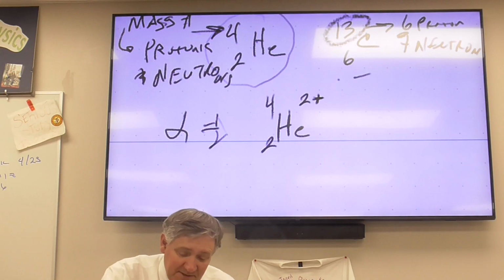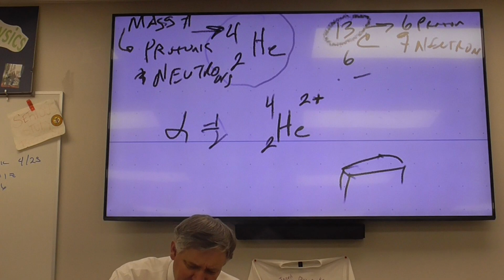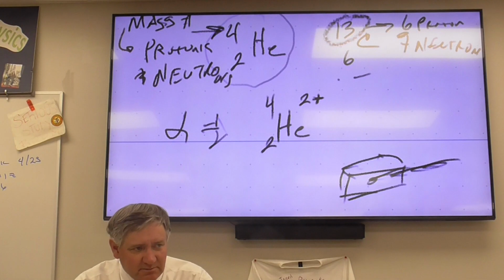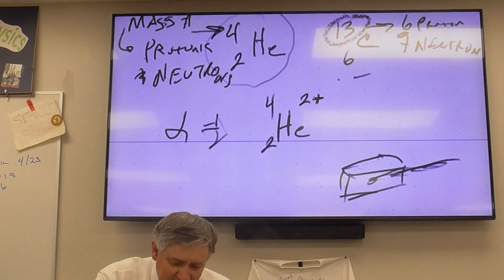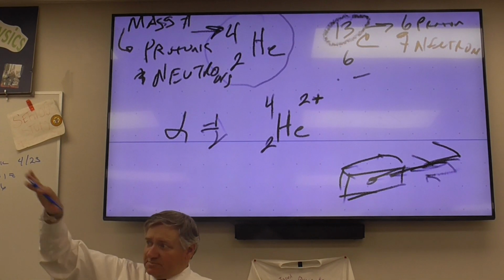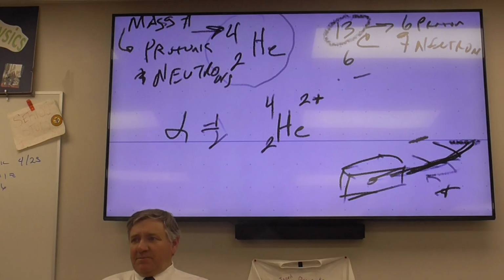And he knew that because they had a radioactive source. It was like thorium-238 or something, I don't remember the exact. But it would shoot out these particles. And again, he could not see the particles. But what he did is that he put an electric field on either side of it, and he shot those particles through. And those alpha particles were deflected towards the negative and away from the positive.